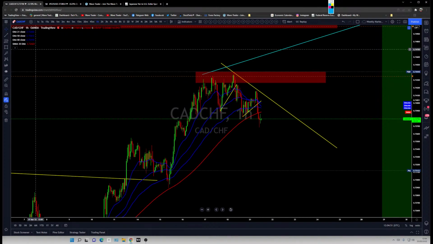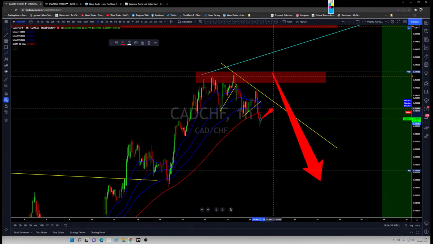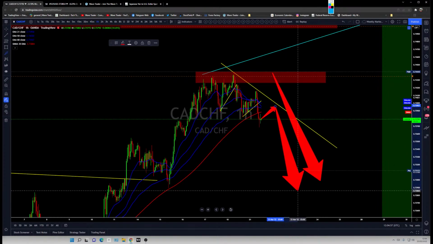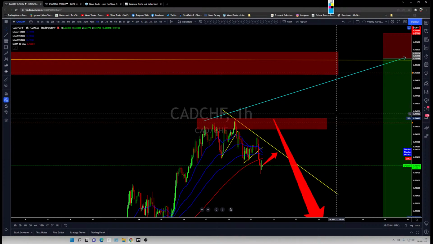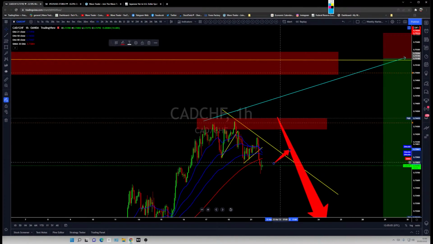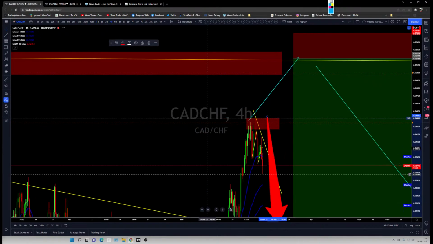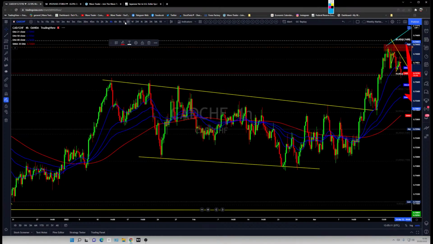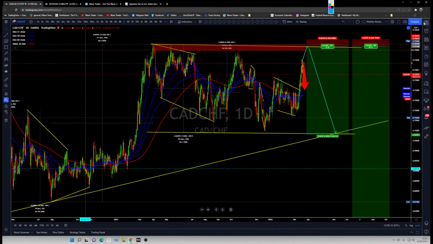Okay, if it tests that, you are looking for it to drop, or correct over there and continue to keep dragging lower. So the best price is that top, 75. If it tests, it's going to be a great price to short. But if it doesn't test that, then 74.40, right? So then 74.40 is going to be a good price to watch for the CAD chief to drop for longer term to the downside. All right.